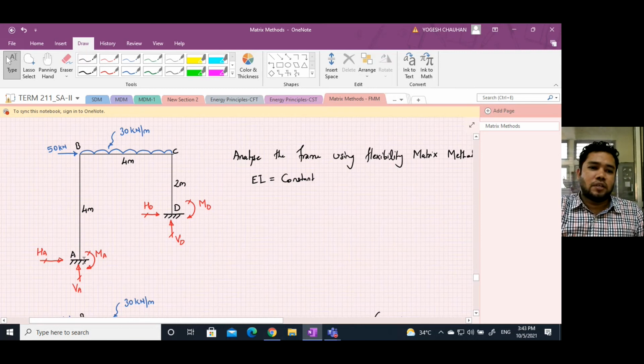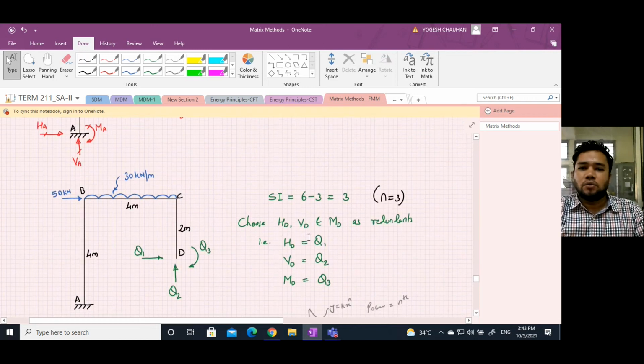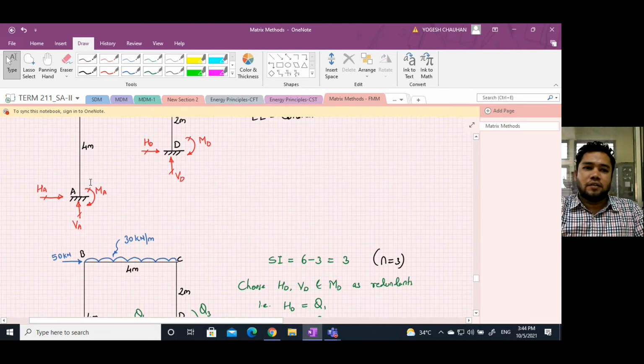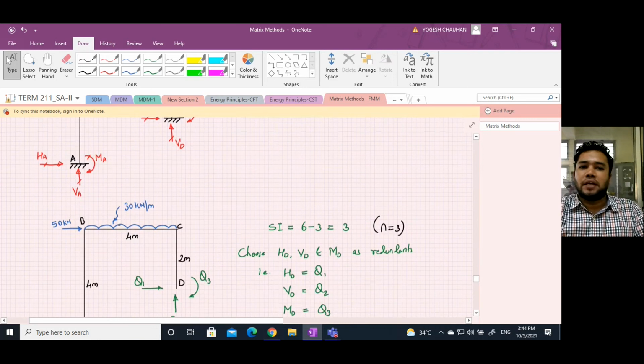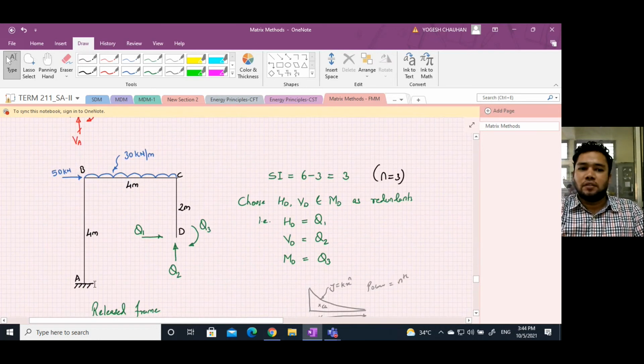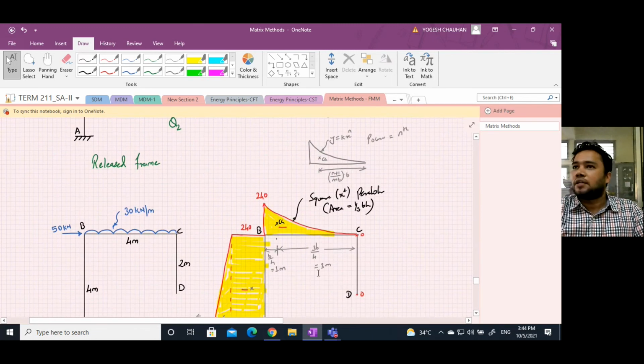Okay, now suppose support A settles by 10 mm, so then that is not the displacement to be considered in DQ matrix, because in DQ matrix we take the displacements corresponding to chosen redundant only.